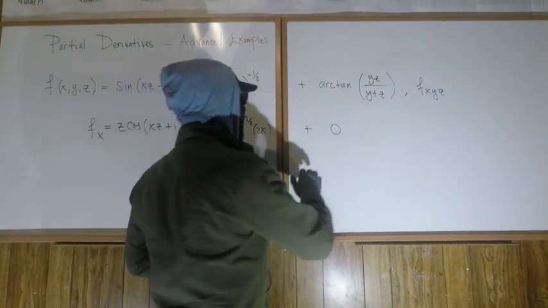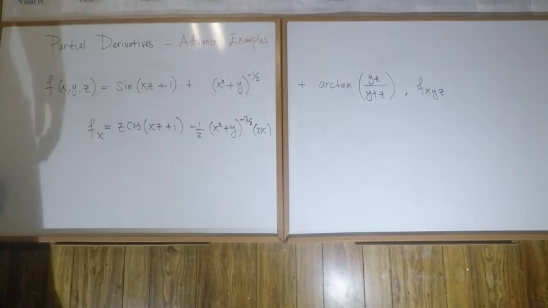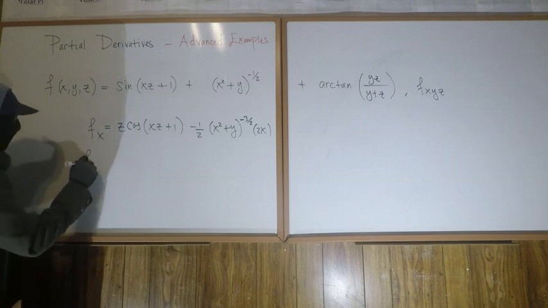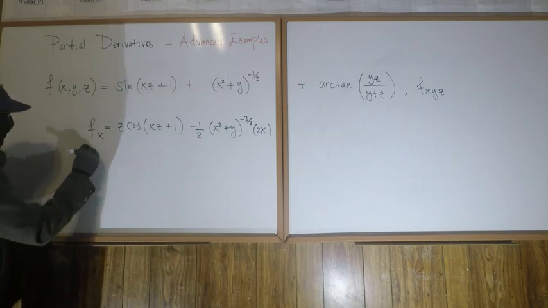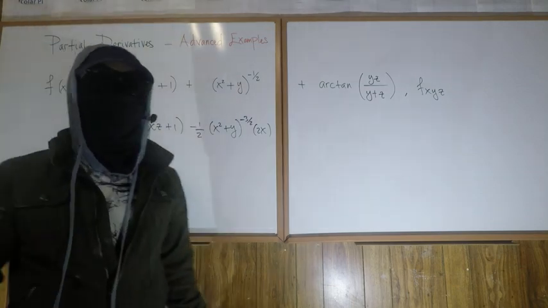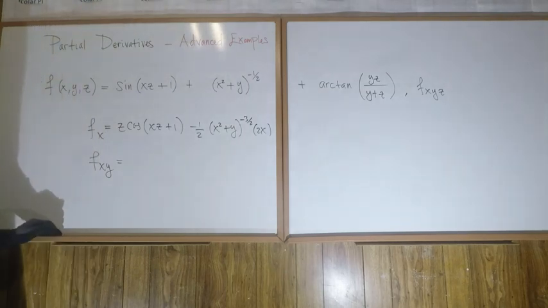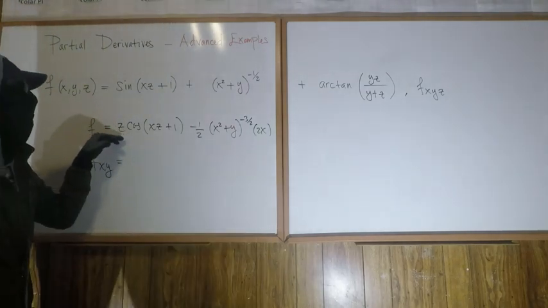Okay, and now what should we do? Y or z? I want to do partial with respect to y next. So let's write fxy. I don't know if you disagree, but I agree with me. This is why I can justify it.